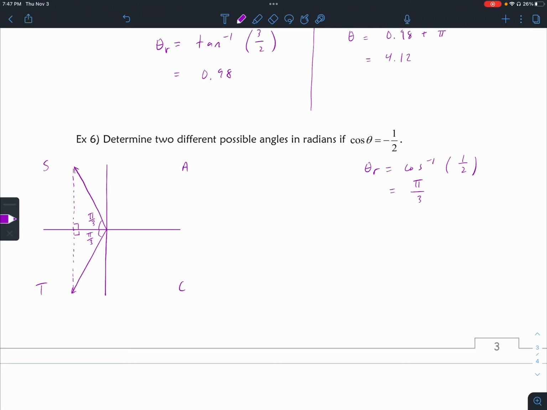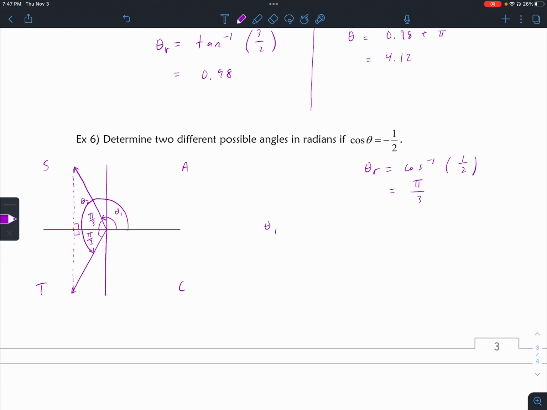So based on that, to get our two angles, I'm going to call the first one theta 1, and then this outer one theta 2.